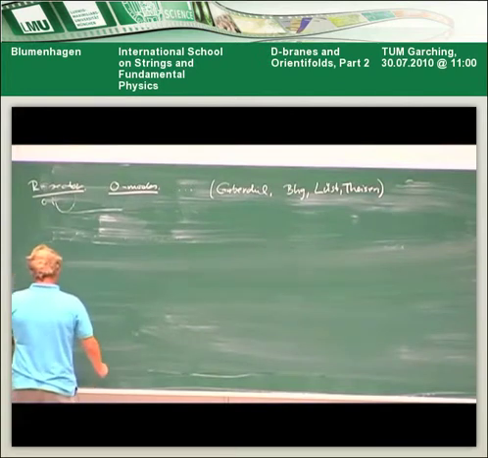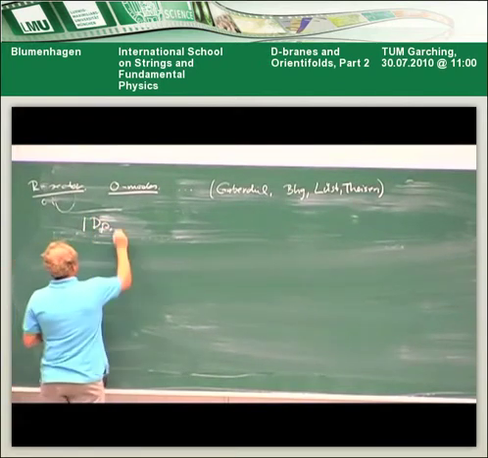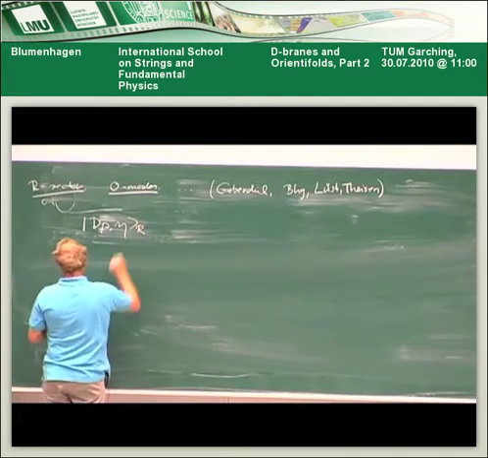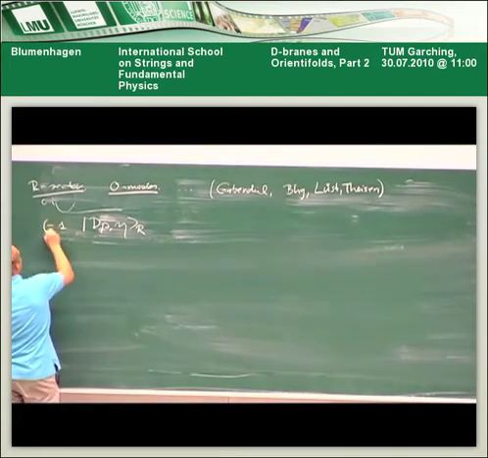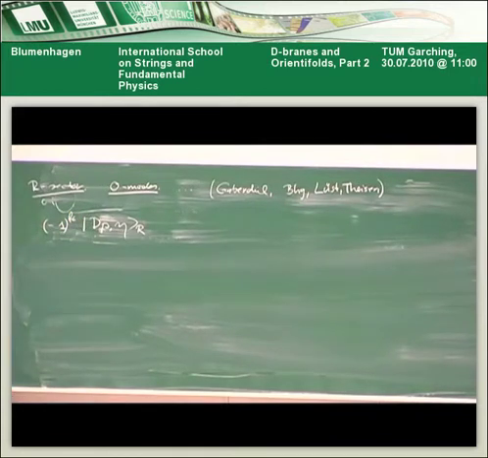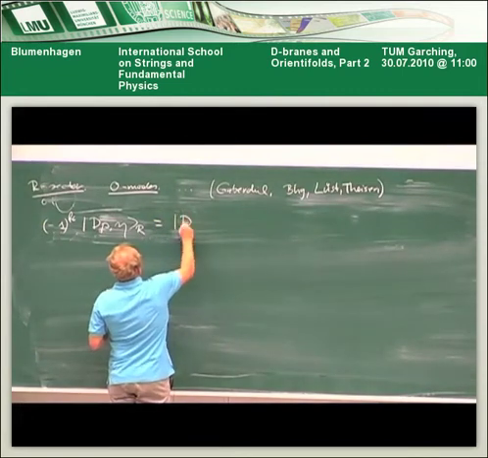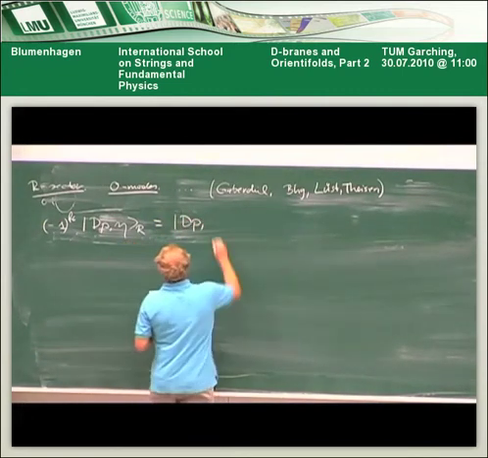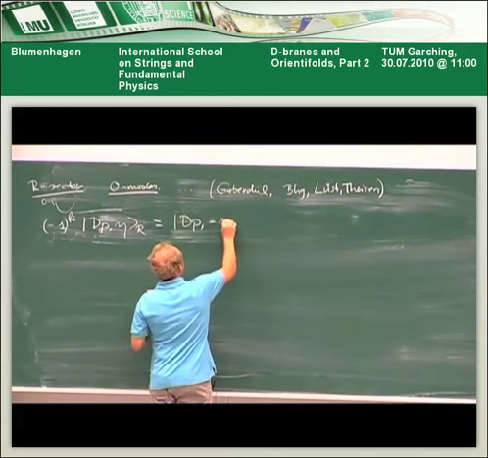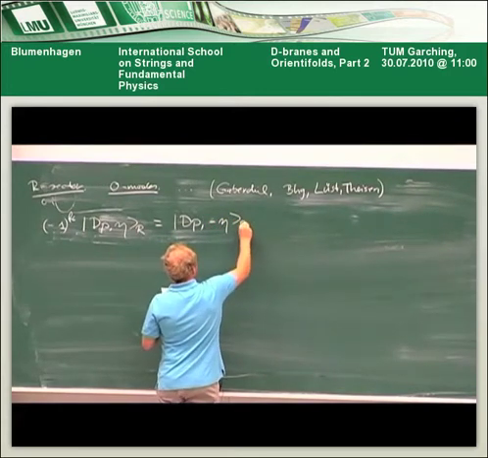So the upshot is, if you do everything correctly with the Ramond boundary states, you find that if you act with (-1)^F_L, so the left moving GSO projection on that state, you get the same result as for the Neveu-Schwarz sector, that you exchange the eta and the minus eta terms.